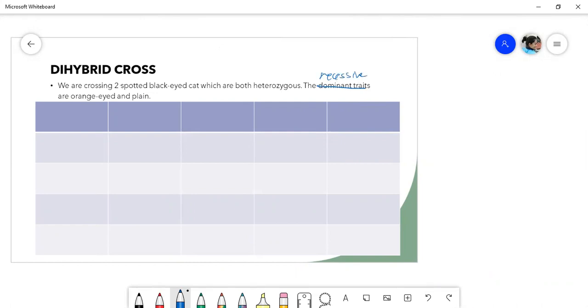So we are crossing two spotted black-eyed cats, which are both heterozygous. The recessive traits are orange eyes and plain.